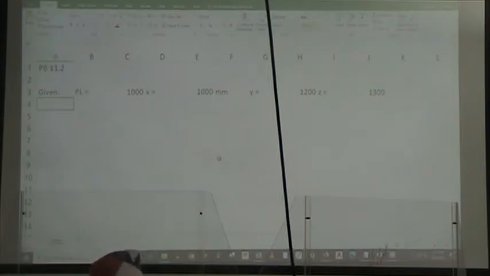All right, so our automatic storage and retrieval system is going to have 2 aisles.